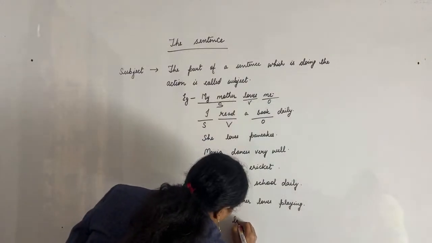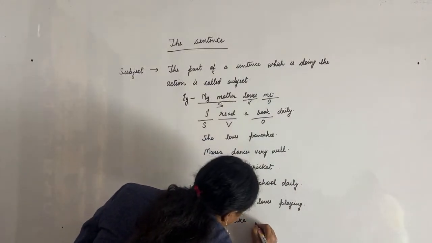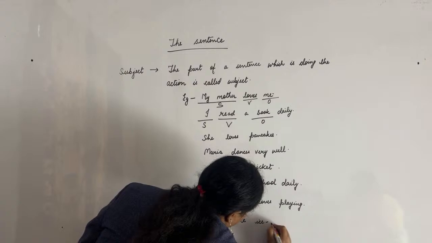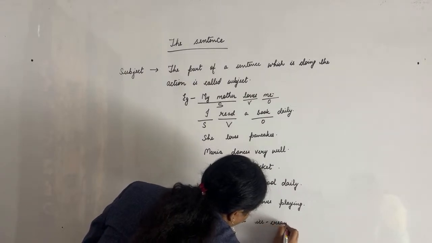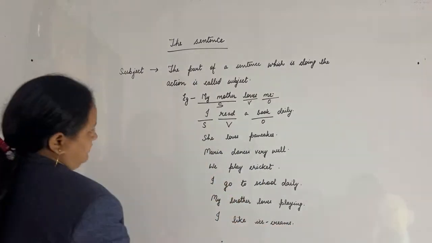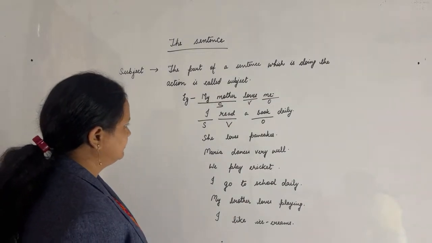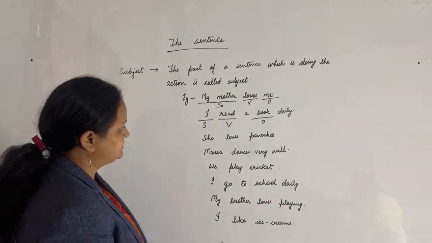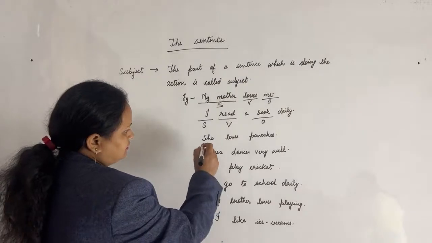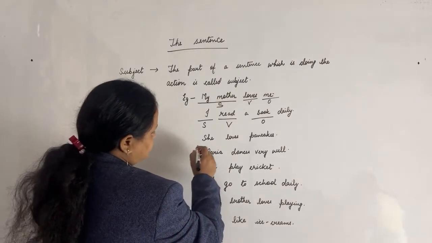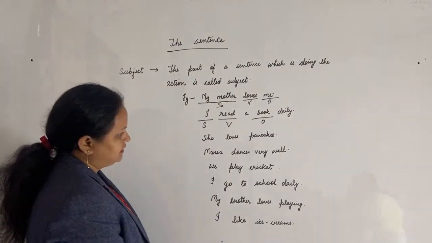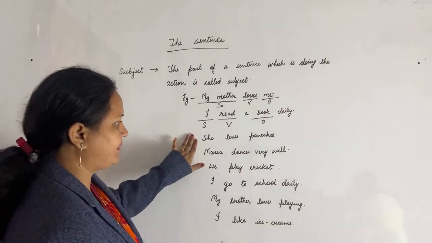I like ice creams. So in all these sentences we have to circle the subject.